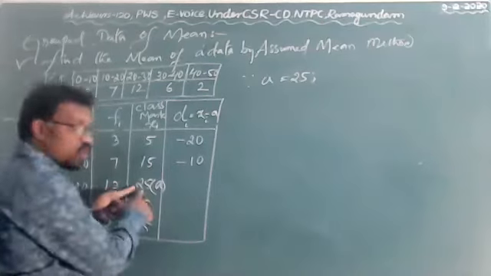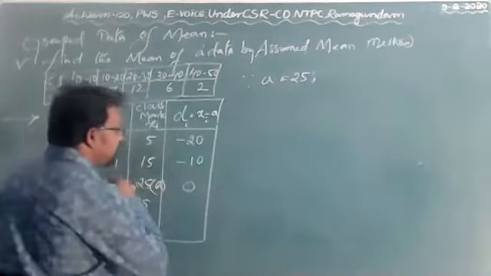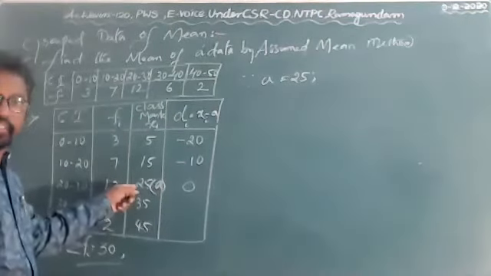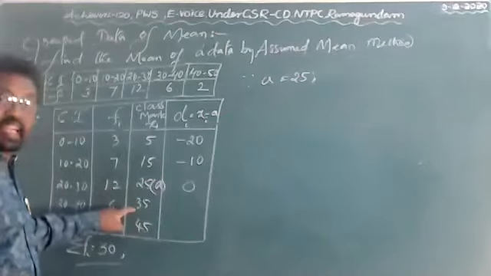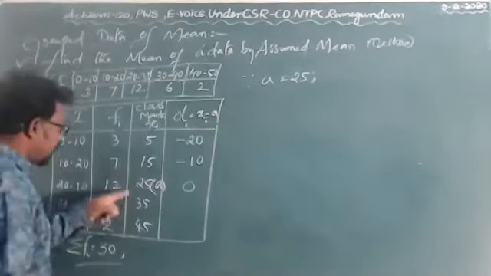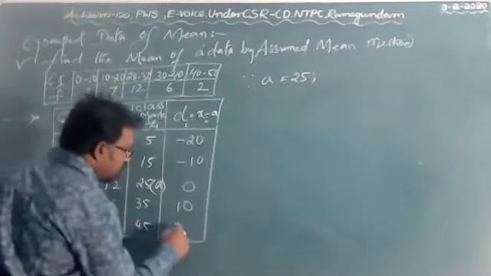Here, x is 25, A is also 25. 25 minus 25 is 0. And 35 minus 25, x is 35, A is 25, is 10. 45 minus 25 is 20.